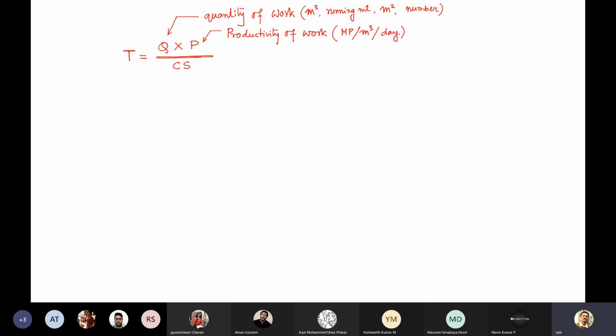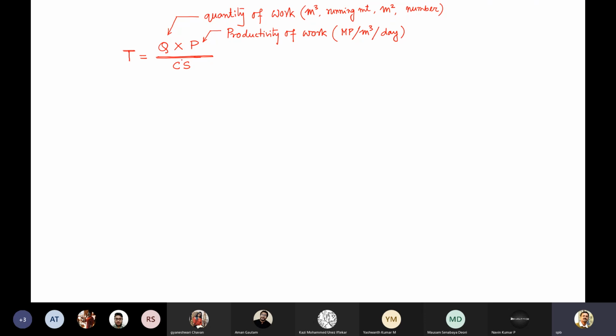So suppose this is a standard time of operation of 8 hours or 10 hours, whatever. So per manpower, how much meter cube of work, or meter square of work, or number of work, or running meter of work can be executed per manpower, I mean, per meter cube per day.